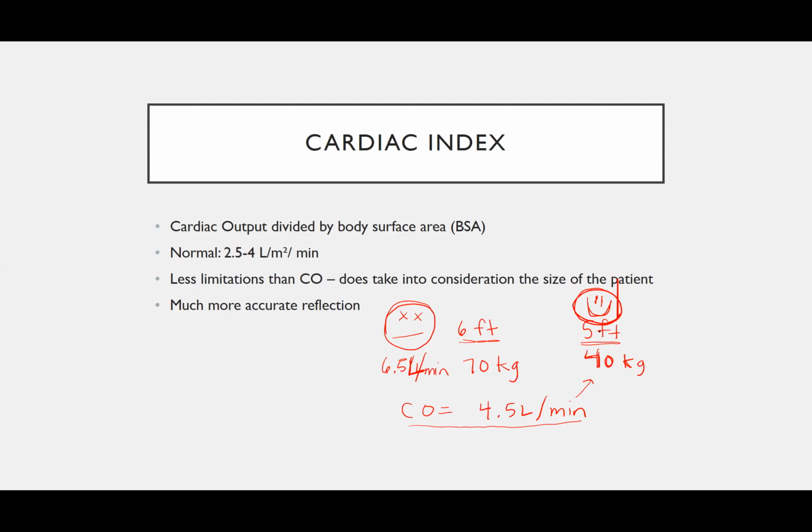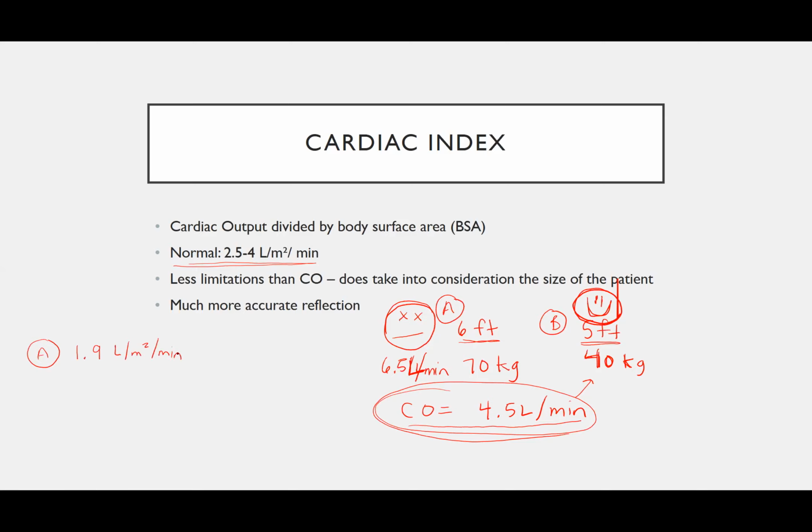Because if we were to, and I'm going to label this, the 6 foot tall patient is going to be patient A, and the 5 foot tall patient is going to be patient B. If I were to then calculate their cardiac index, what that would tell me is that patient A, and we're going to use this cardiac output of 4.5 right here, may only have a cardiac index of 1.9 liters per meter squared per minute.